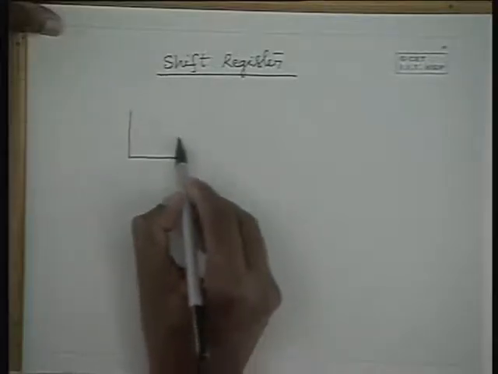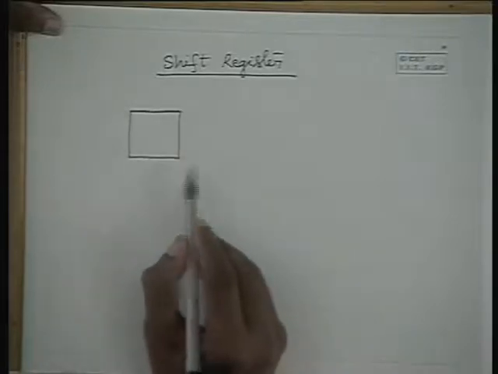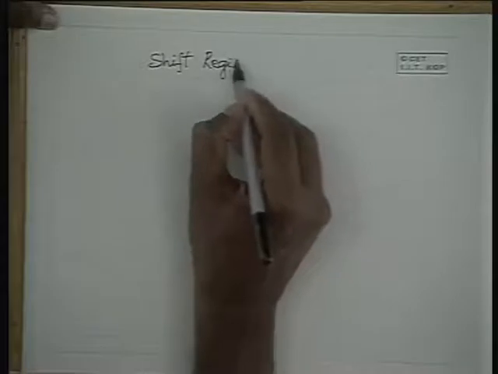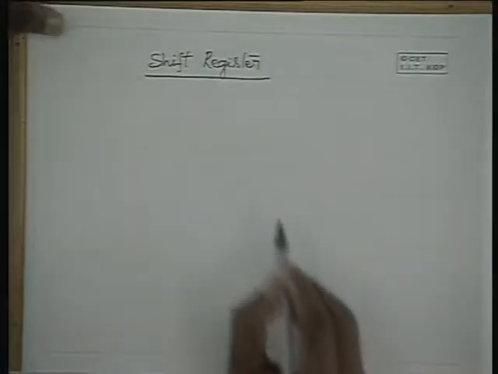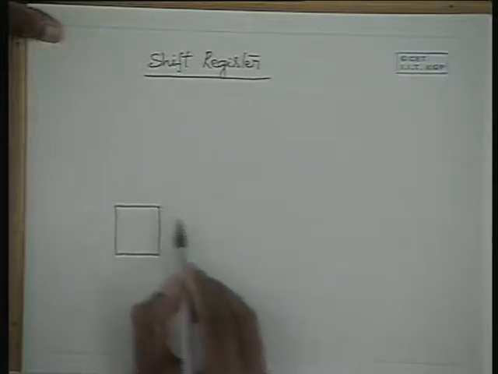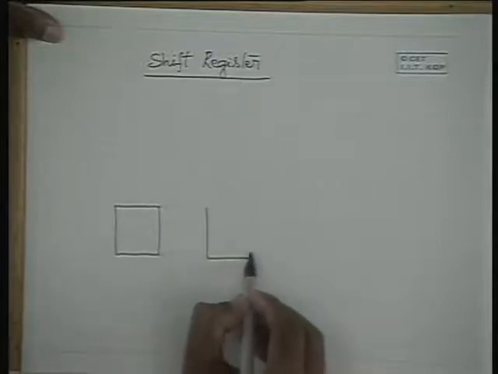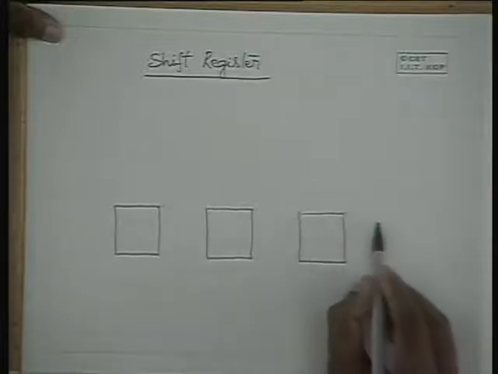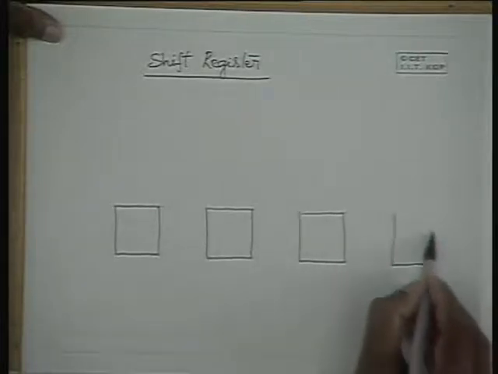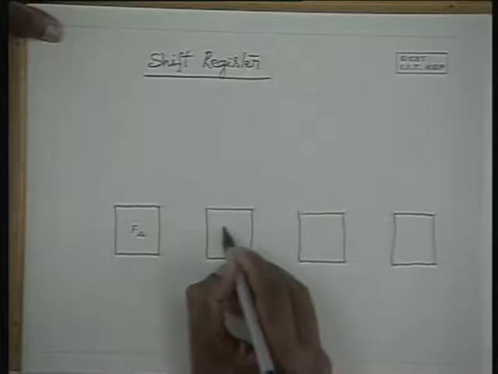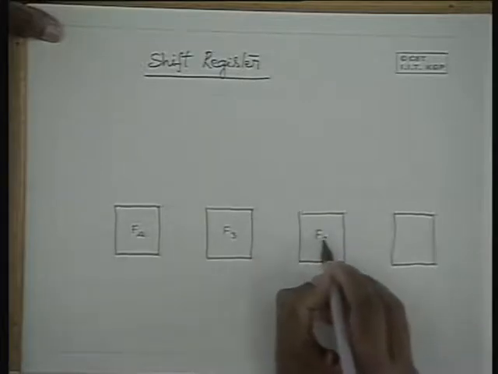So in a 4-bit shift register, for instance, we use 4 flip-flops, and in general, in an n-bit shift register, we use n flip-flops. So these are the flip-flops, 4 flip-flops. Let me call this one F4, this one F3, F2 and F1.